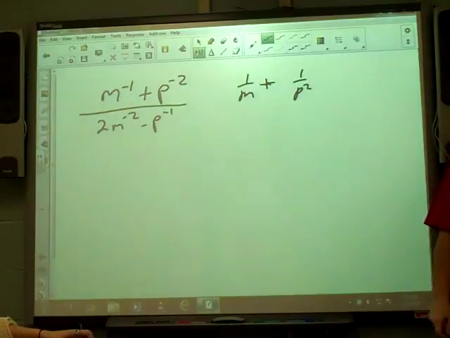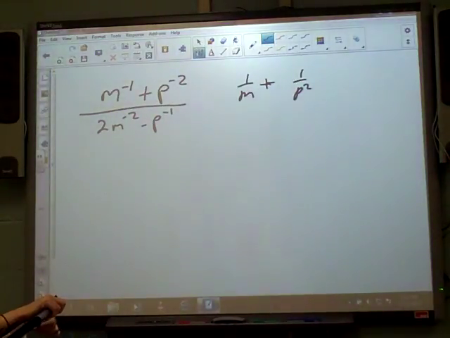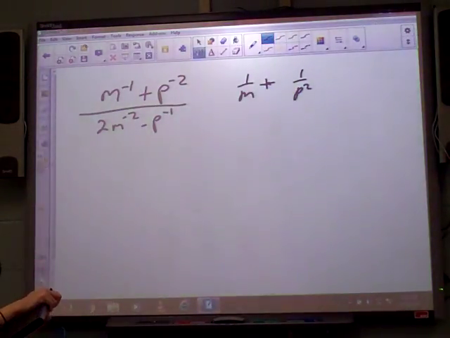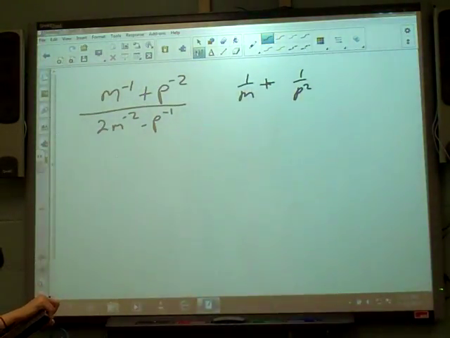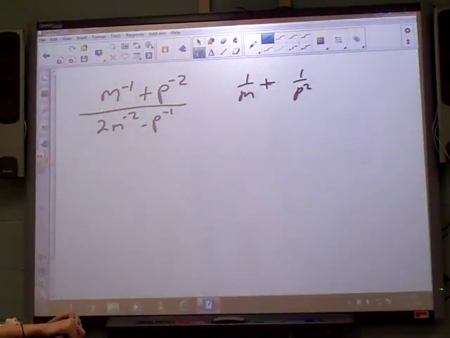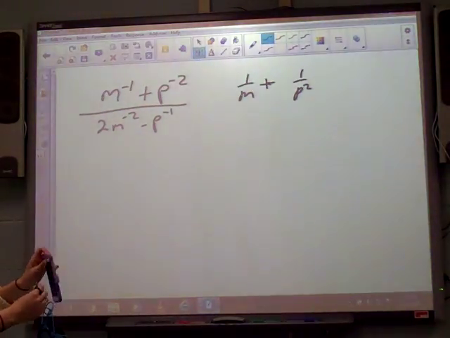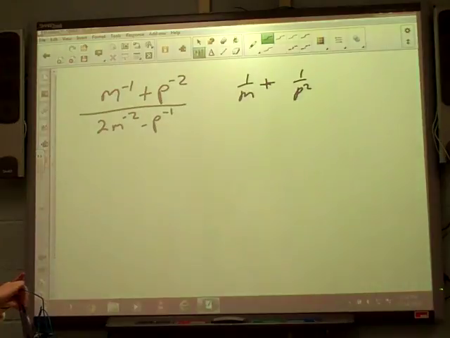Okay? Now, looking at just the numerator, we're not going down to the denominator yet. Now I need to get a common denominator. If I have an m and a p squared, what would my denominator be? m p squared. Very good.